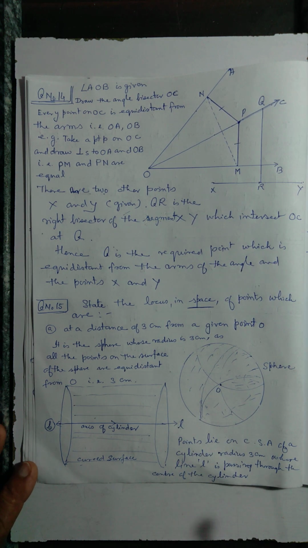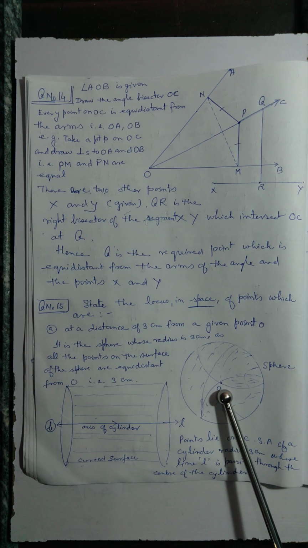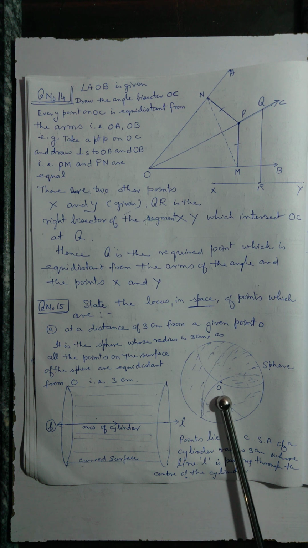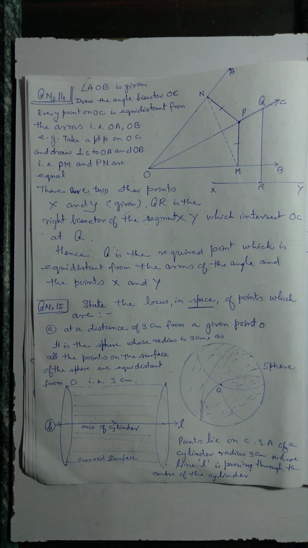So we have to find all the points, or you can say the locus of the point, which are equidistant from the given point O in space. Space means surrounding, just like a football, volleyball, or any spherical shape.